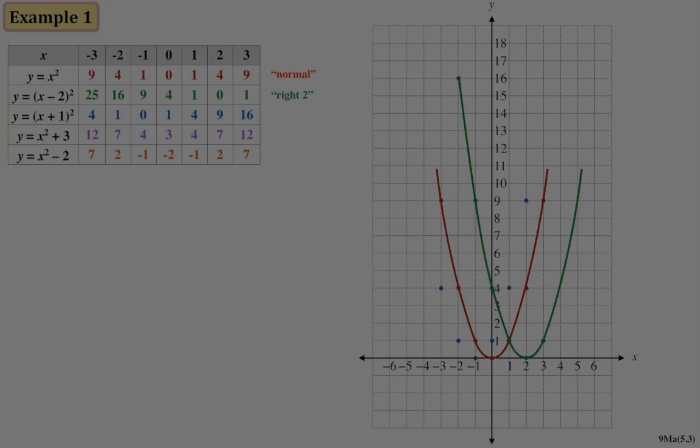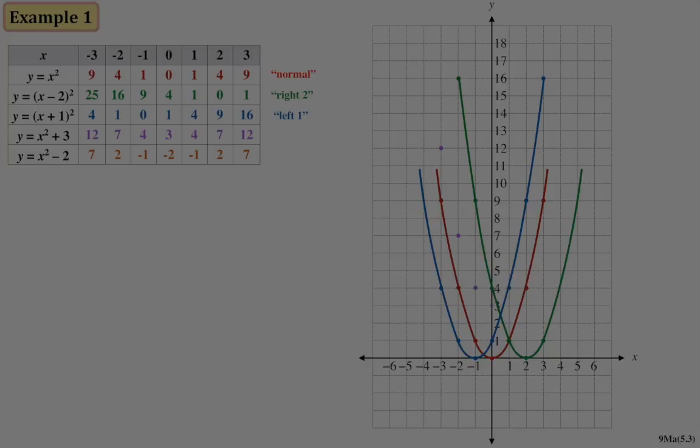I'll put the points for the third graph on and extend it out. You can still see it's a parabola. In this case, the blue graph is left 1 unit of the original red graph, so I've written left 1 just here, as a point of reference.